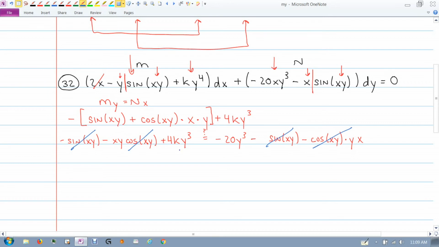So the only thing is we need these two to be equal, right? So we need 4ky cubed to be equal to negative 20y cubed. And you can divide both sides by y cubed, and you can divide both sides by 4, and you get k is negative 5. So k would have to be negative 5 in order for this to be an exact differential equation. All right, that's it for that.